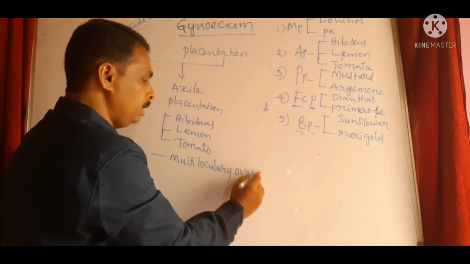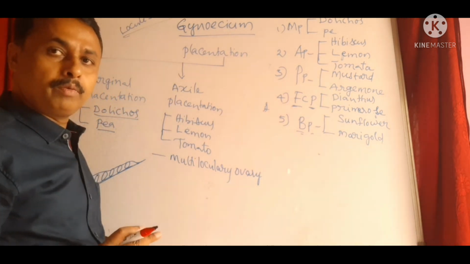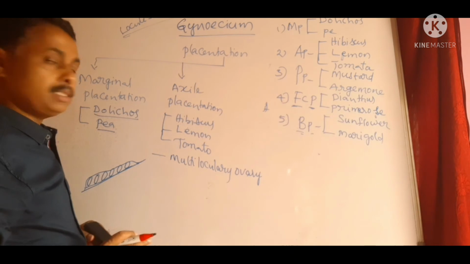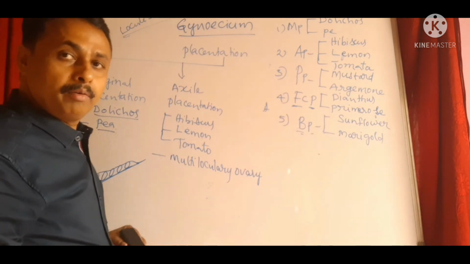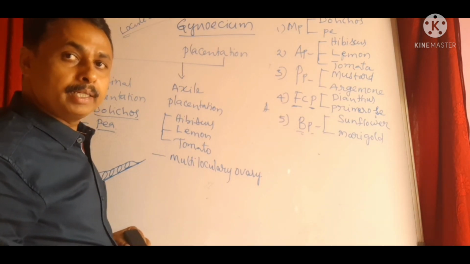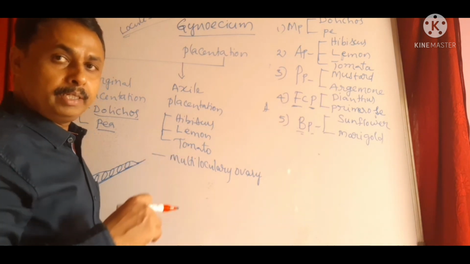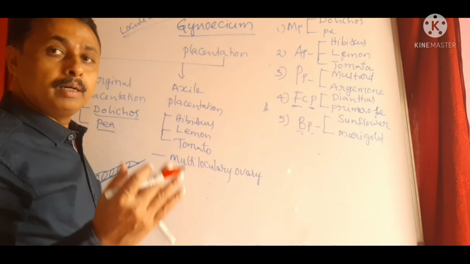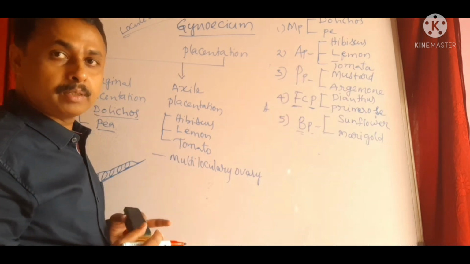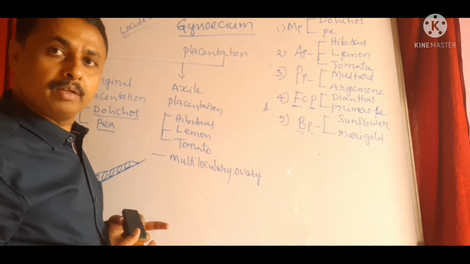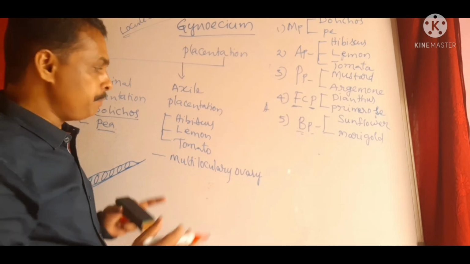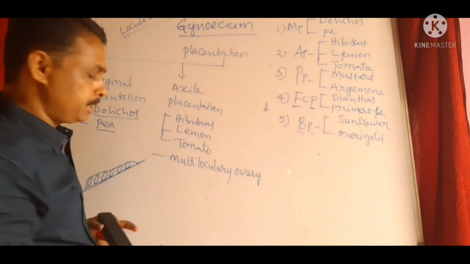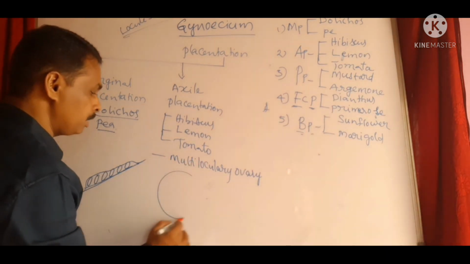In the multilocular ovary, the placenta will be formed at the center of the ovary where the adjacent carpels are fused. So this is the multilocular ovary.